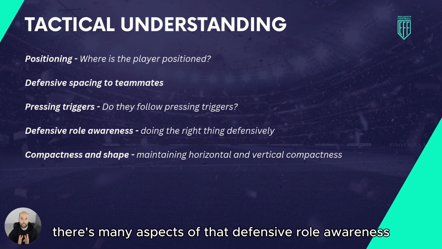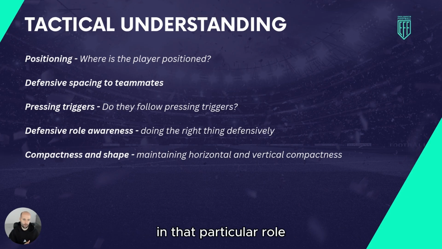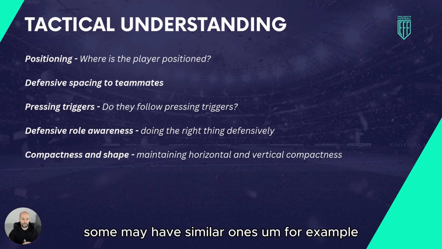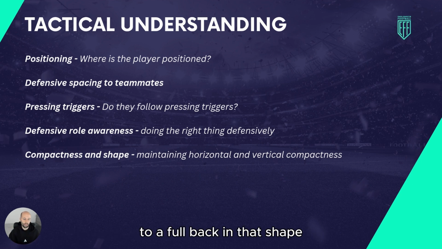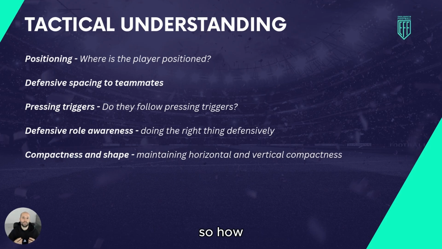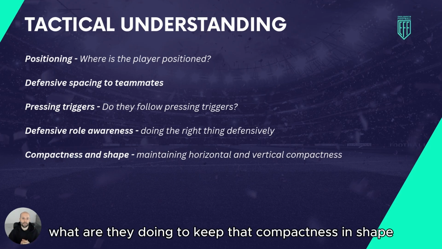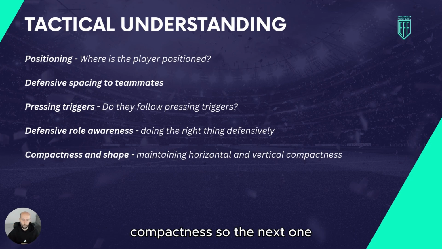Defensive role awareness. So, do they know what they're doing defensively in that particular role? Every player will have a different role. Some may have similar ones. For example, a centre forward is going to have a very different role to a fullback in that shape. And then the last one is compactness and shape. So what are they doing to keep that compactness and shape, which is maintaining horizontal and vertical compactness.